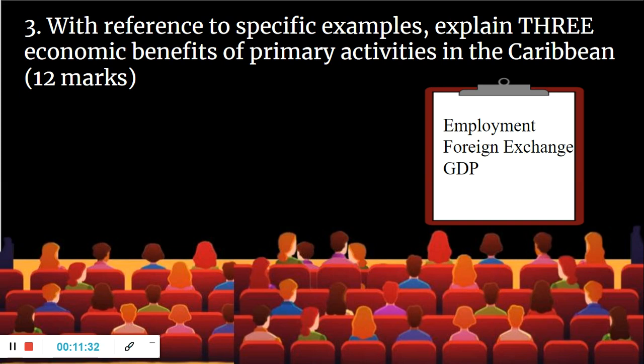And so the greater a country's GDP, the more developed the country might be, and the more developed it is, the greater foreign investment we might have in the country. Also, when the GDP increases, it might also increase the standard of living for the citizens within a country.